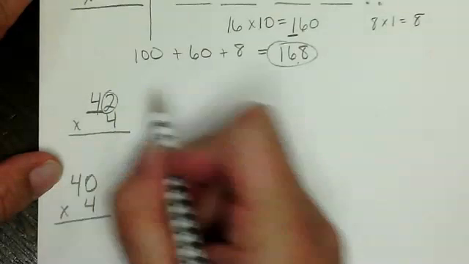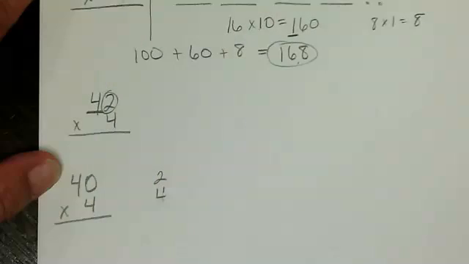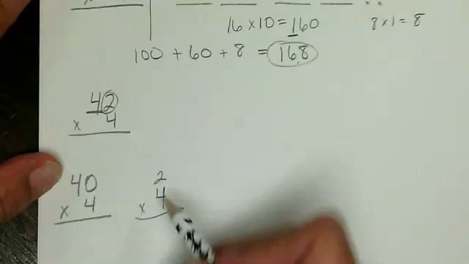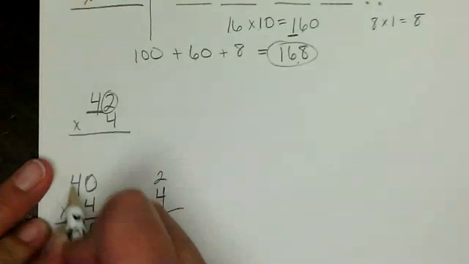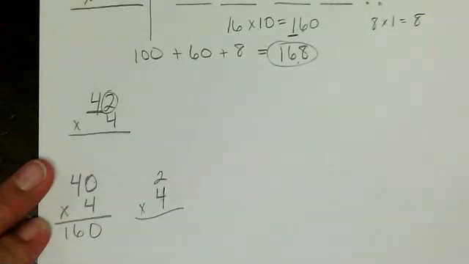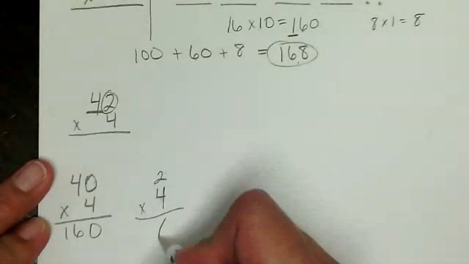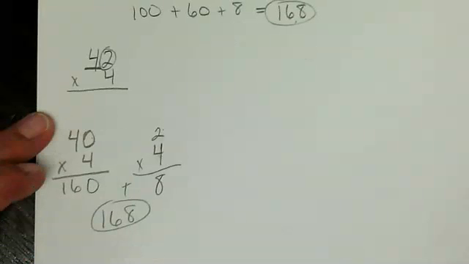I have a 2 in my ones place, so I would do 2 times 4. So 4 times 0, 4 times 4. Make sure you're multiplying, not adding. And then 4 times 2, add those together, you get 168.